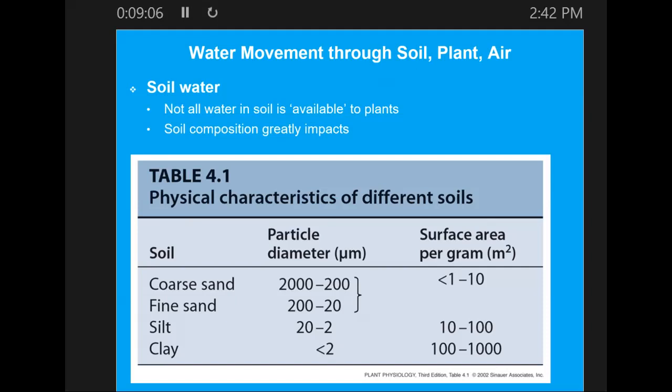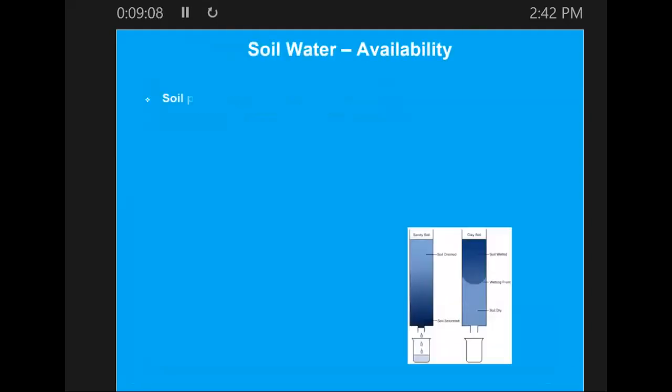All right, so thinking about the pore spaces of the soil, the size is super important, and the number of pores is super important for how much water will be there, how much is available. So clay soils are very fine particle size, like what we saw in the previous table.